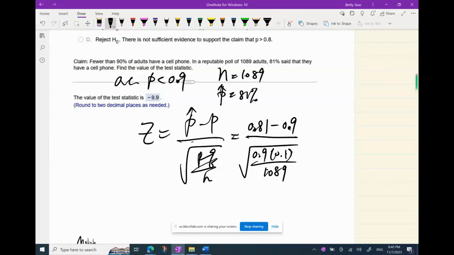Under the square root, I enter 0.9 times 0.1, which is 0.09, in the numerator, divided by the denominator 1089, and then move the indicator to the right outside the root, and I got negative 9.9. Do you have the same thing?